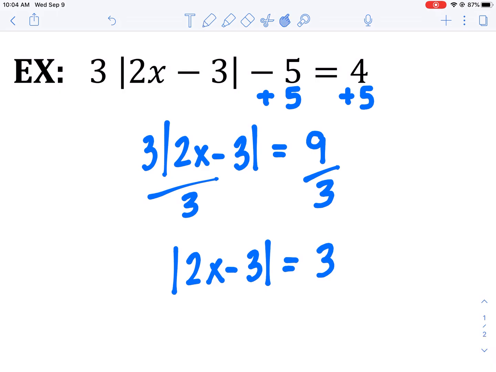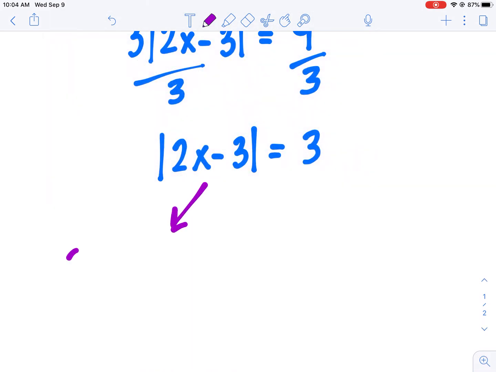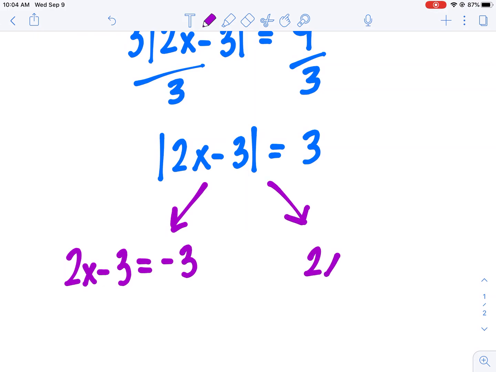Well, from here, you can notice that whatever's in the absolute value, 2x minus 3, could equal -3, or what's in the absolute value could equal +3. Both of those results will give me a +3 coming out of the absolute value.